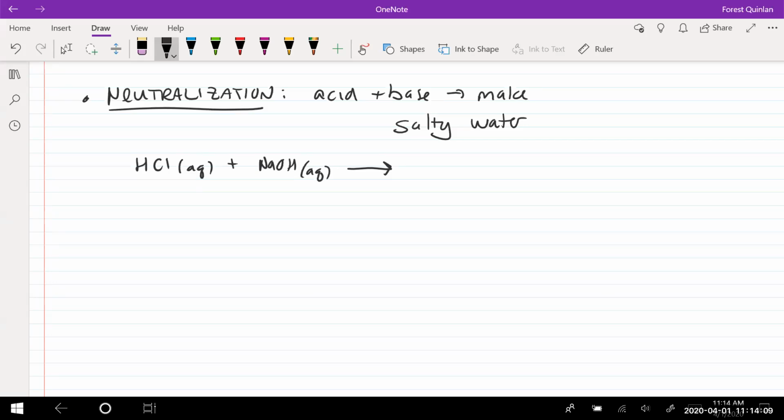Sodium chloride and H2O. Yeah. So this does still look like a double replacement. It looks like the H goes to the OH and the Na goes to the Cl. So on the other side, you'll make NaCl, which of course is soluble, and you'll make good old-fashioned HOH, which is a liquid.